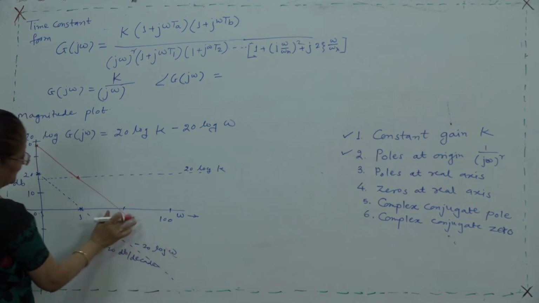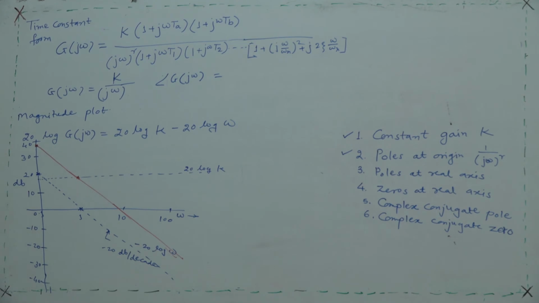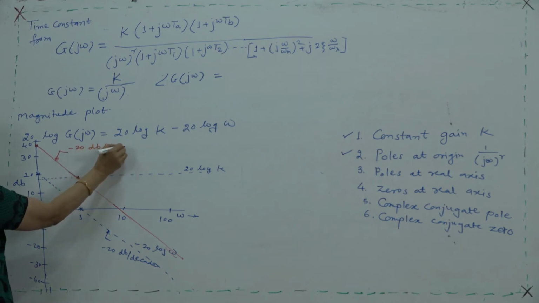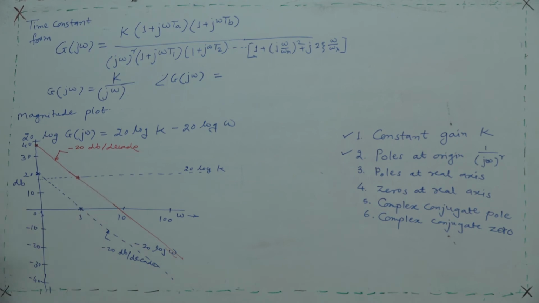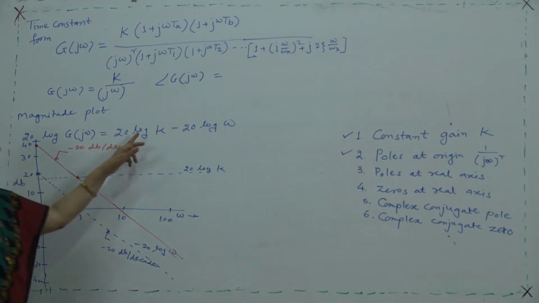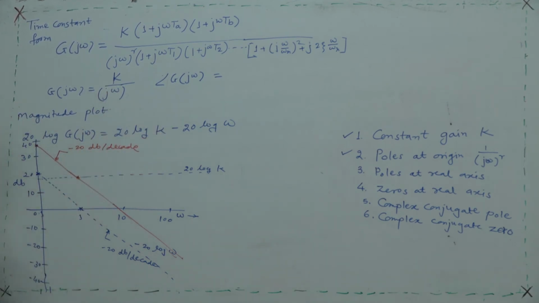So, draw properly. So, the slope of this line is minus 20 dB per decade. So, if the slope is same, you can draw a parallel line. Only which point you have to consider? At 1 it is 20 log of K, and then draw a line. So, this is the combination of 20 log of K minus 20 log of omega.